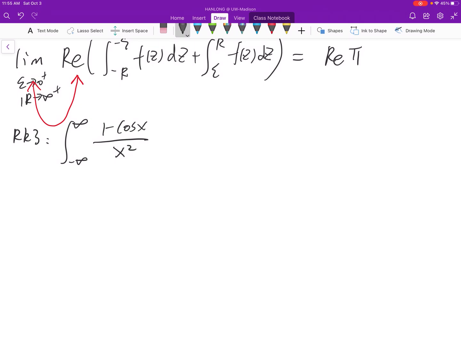It's an improper generalized Riemann integral because your domain is infinite. And also, you need to define the function at the origin in this way. When x is different from 0, it is the limit 1 minus cosine x over x squared.